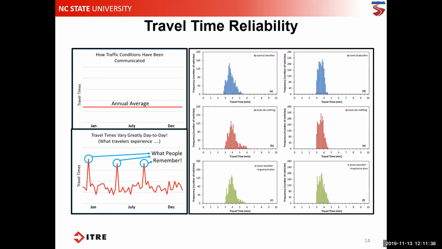So on the right here are a number of travel time distributions based on real world data. And what you see here is, of course, most of these distributions have a right tail. And what it means is there are certain rare events that don't happen very often, but that cause very high travel times to occur. And what we're trying to do is to characterize what causes these long tails.